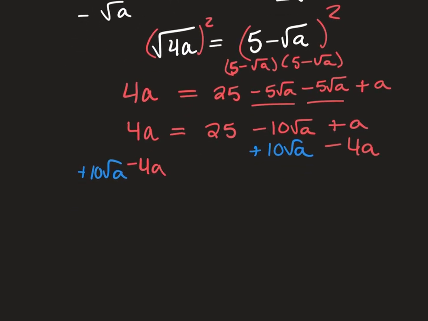So that will give me 10 square root of a equals 25 minus 3a. Right, because that canceled.